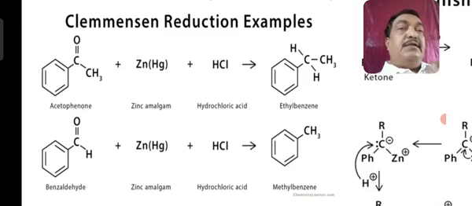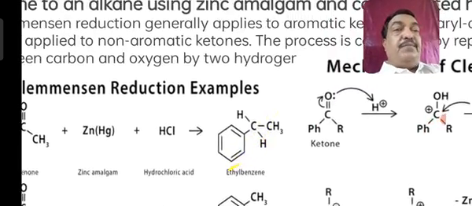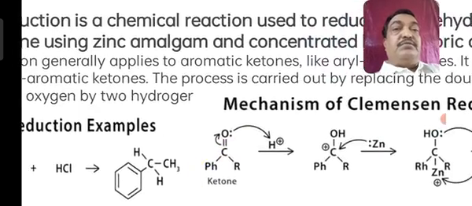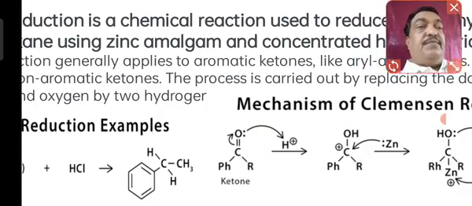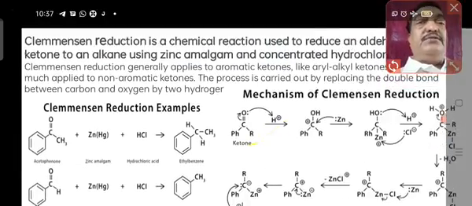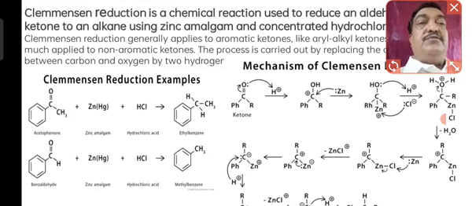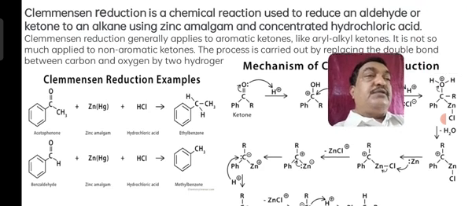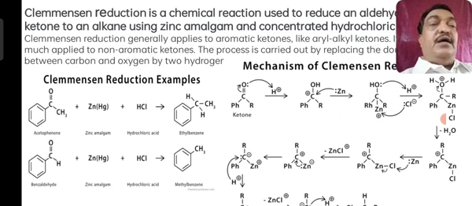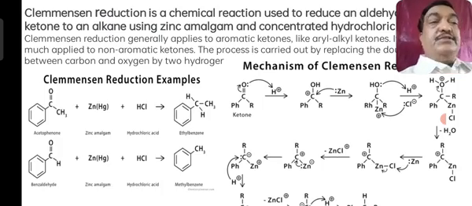So this is a Clemmensen reduction. Clemmensen reduction is a chemical reaction used to reduce an aldehyde or ketone to an alkane. So zinc amalgam and concentrated hydrochloric acid are generally applied for this type of reaction.